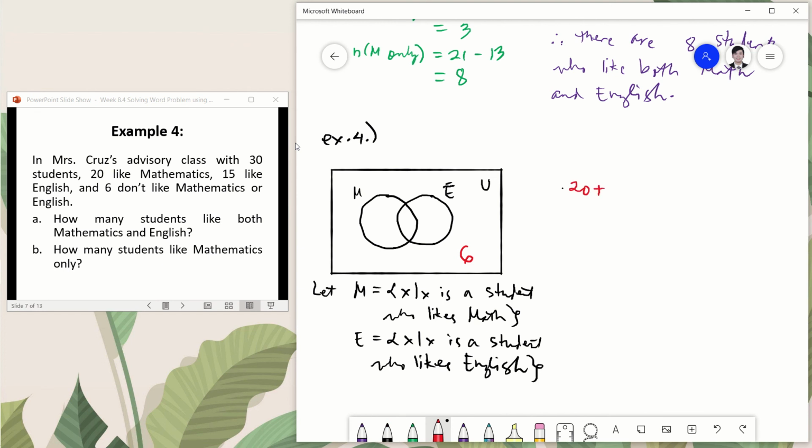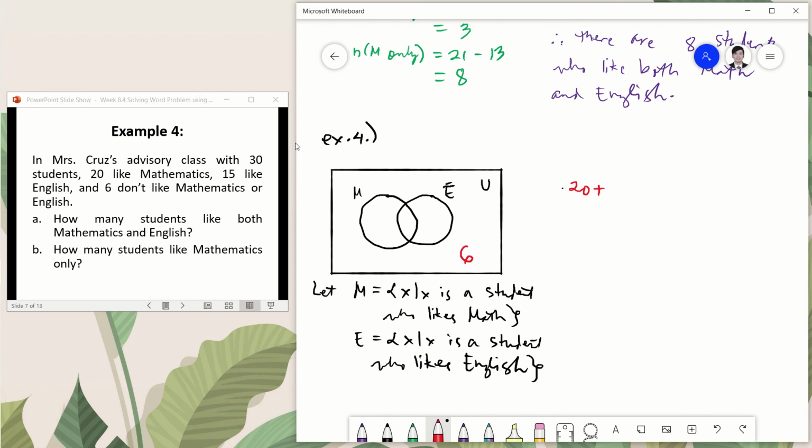But again, there's no word "only," so that means it's not limited to those who like math alone. They might like both math and English.